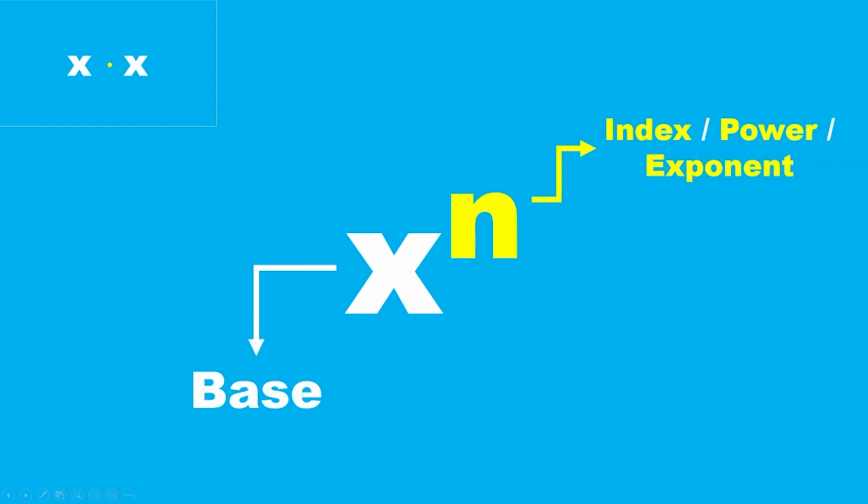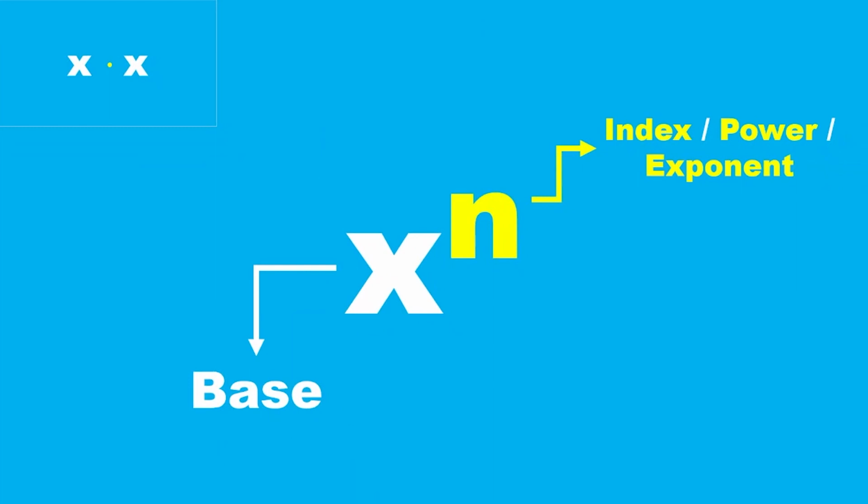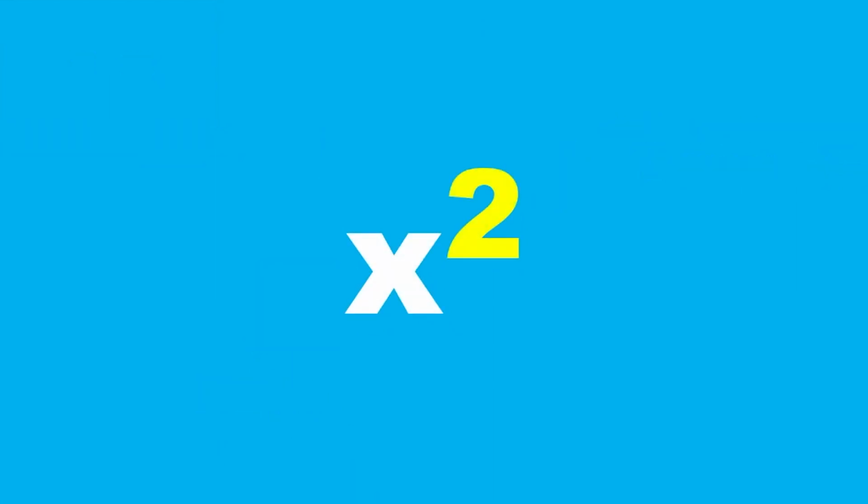Now coming to our original example, x times x. How are we supposed to represent this in the form of x to the power of n? Well, since there are two x's, we'll write this as x to the power of 2 or x raised to the power of 2 or x square.